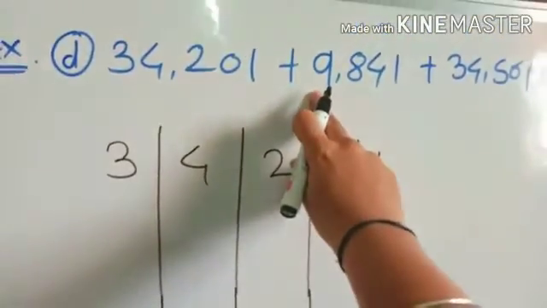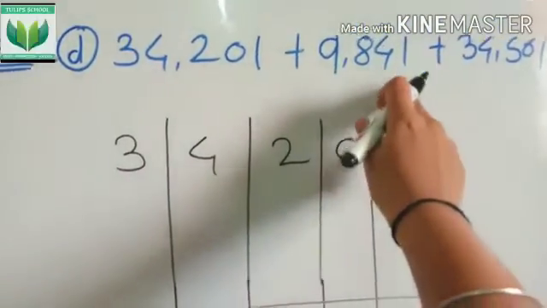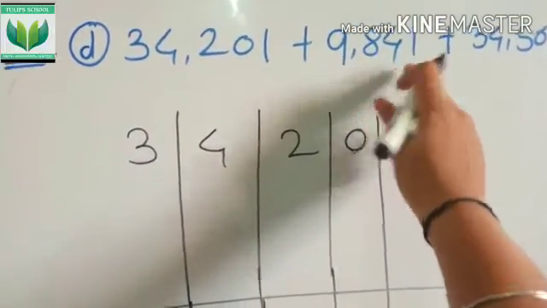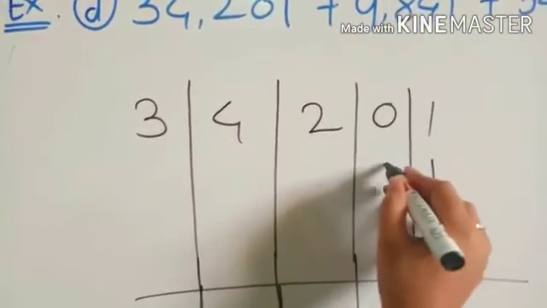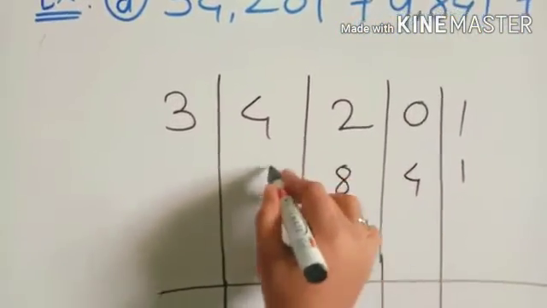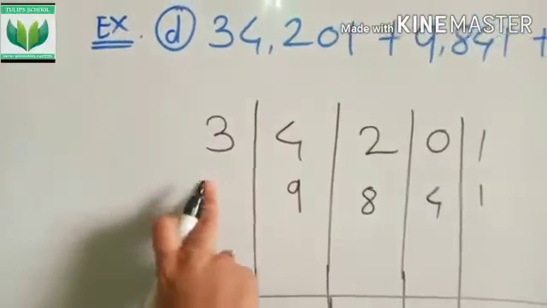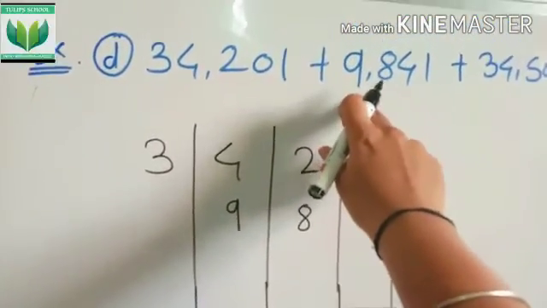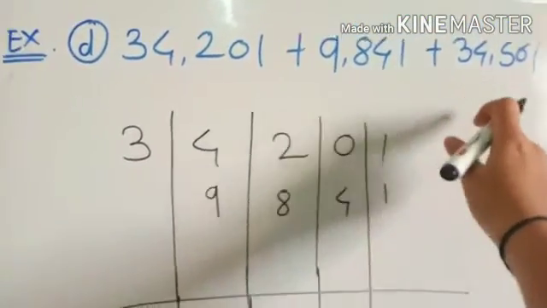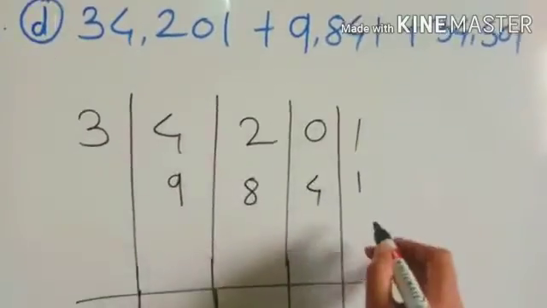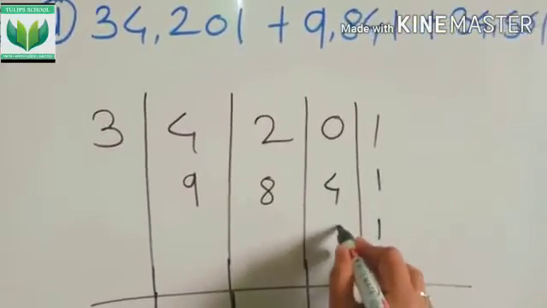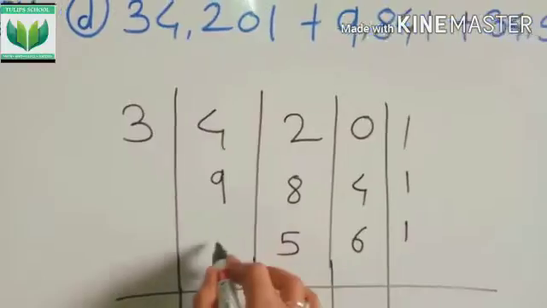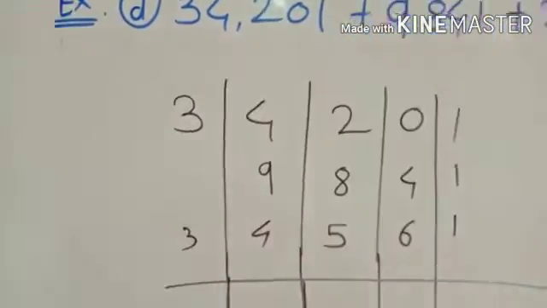Now 9,841, from the back side we have to move. Okay, 1, 4, 8, 9. Now this place remains empty because only 9,841 is given here. Now the third, 1, 6, 5, 4, 3.